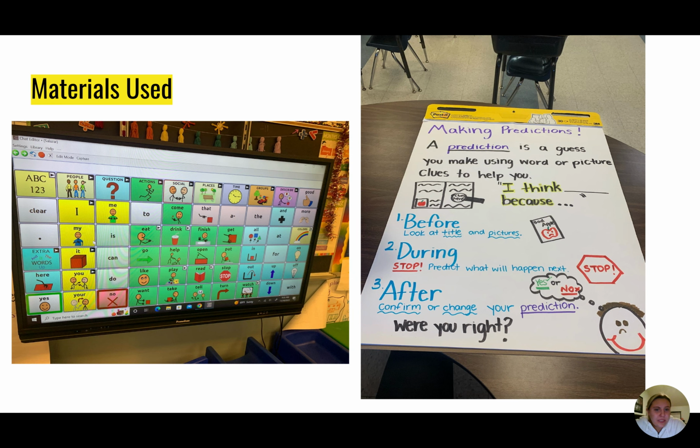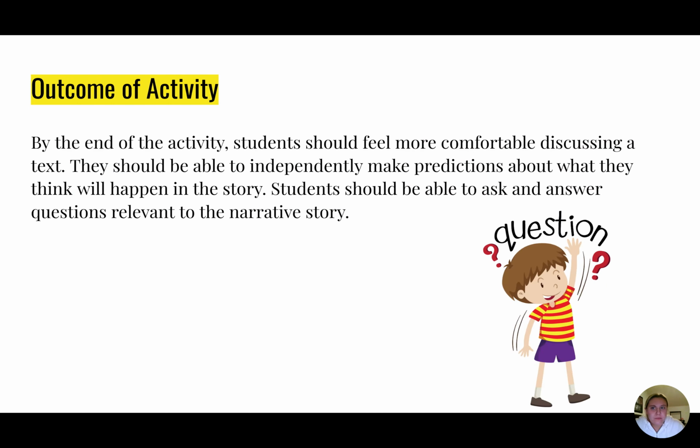During reading, we stop and predict what will happen next. I like that I included the visual of the stop sign because students know that means stop. So they know that while they're reading, they need to stop and figure out what's going to happen next. After, they need to confirm or change their prediction and figure out if they were right. If they weren't right, they would change their prediction and adjust it to the actual outcome of the story.